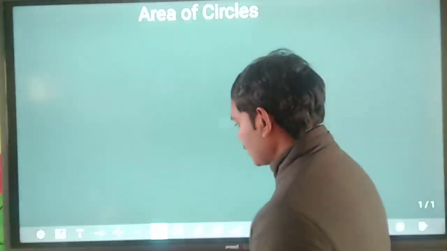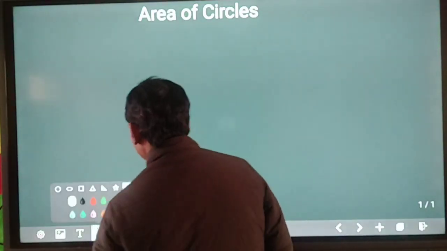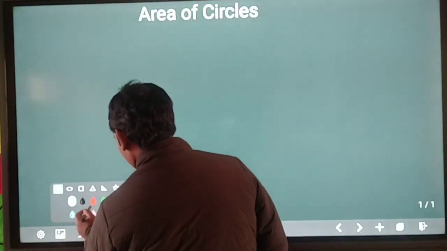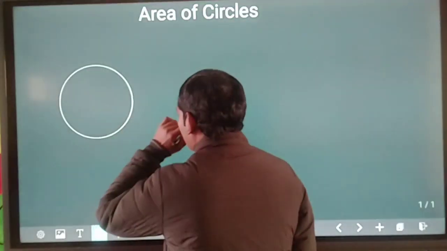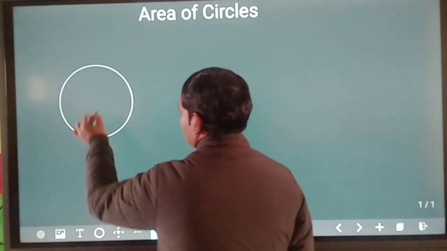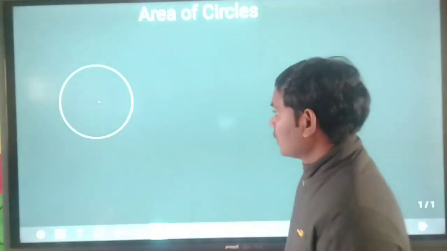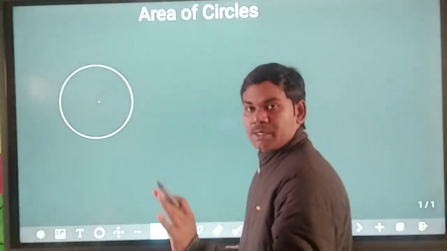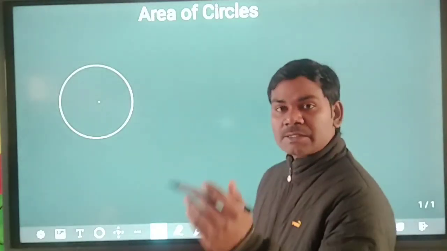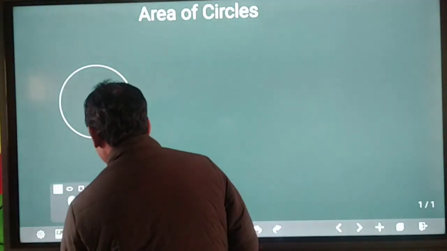So here let's understand what the area of circle is. This is your circle, and as we know, the term area means the region which lies inside.